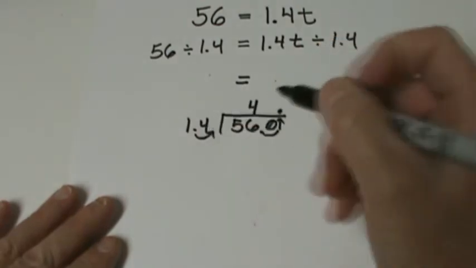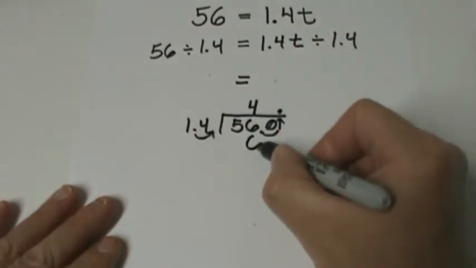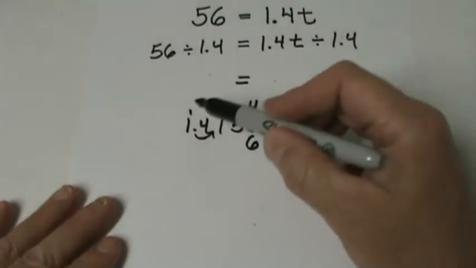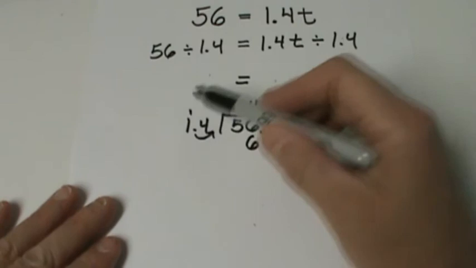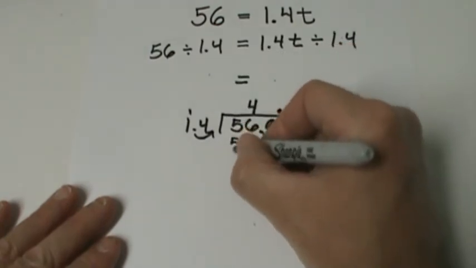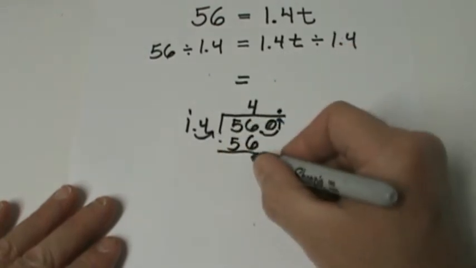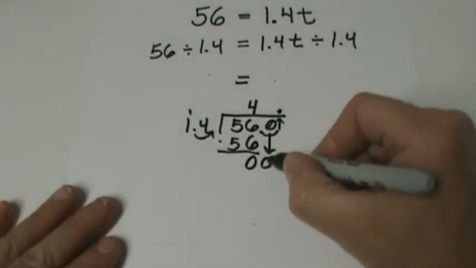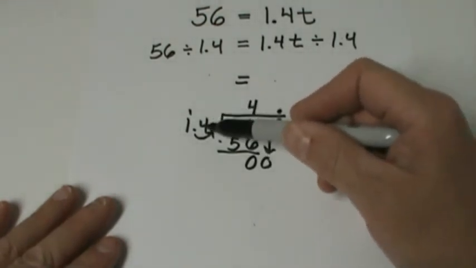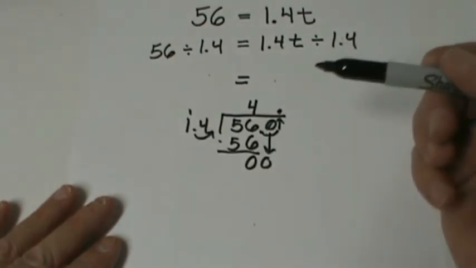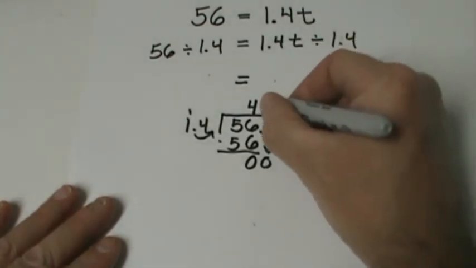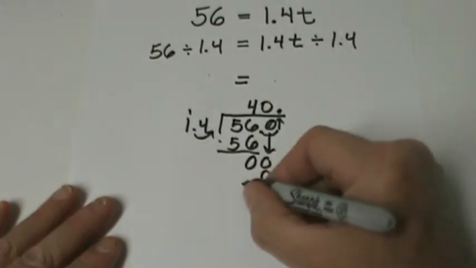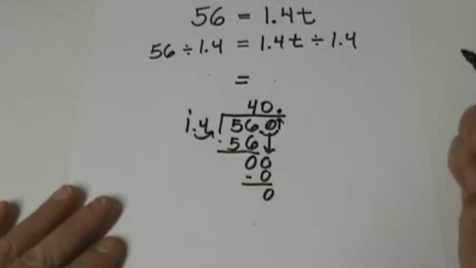4 times 4 is 16. Regroup the 1. 4 times 1 is 4 plus 1 is 5. Subtract and we end up with 0. Bring down our other 0 and we would have 14 into 0. Can't do it. So we put a 0 up there in our quotient, and of course 0 times 14 is 0, and it terminates.